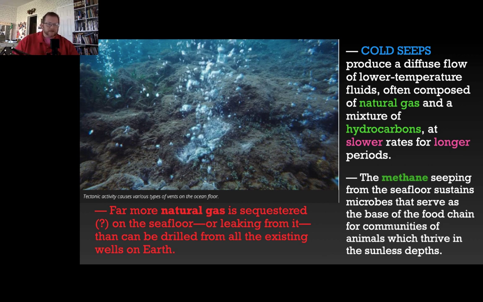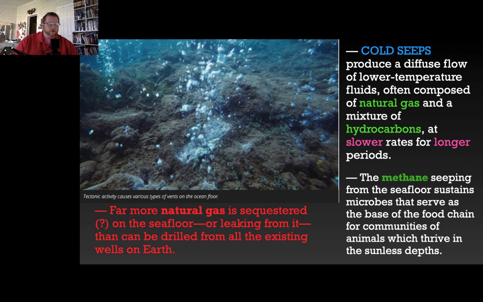The amount of natural gas that's under the ocean floor is more than all of the existing natural gas wells on Earth. That's how much natural gas is stored underneath the ocean floor. But you also have to remember the ocean makes up 3/4 of the Earth's surface. So of course there's going to be more natural gas there than there is underneath the 31% of Earth's surface that's above the ocean floor.